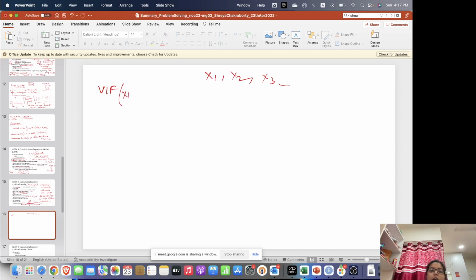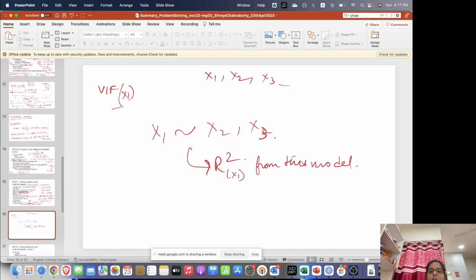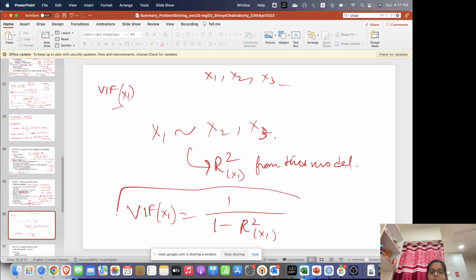If I have to find the VIF associated with x1, I am going to regress x1 on x2 and x3, get the R square from this model, R square x1, and then VIF x1 would be 1 by 1 minus R square x1. If this is greater than 5, we would suspect multicollinearity. If it is greater than 10, we would say that there is multicollinearity. This also we talked about.